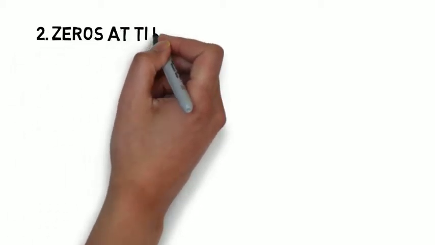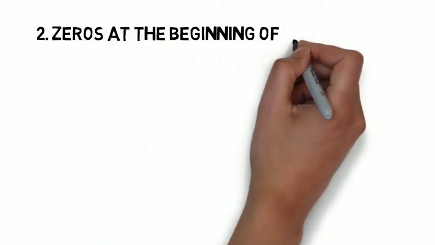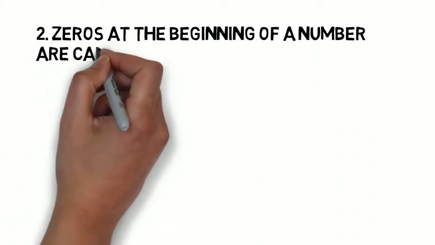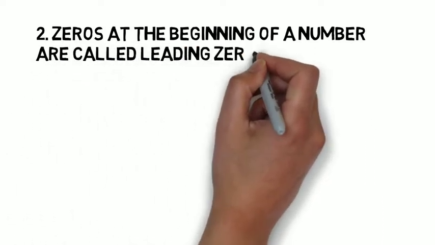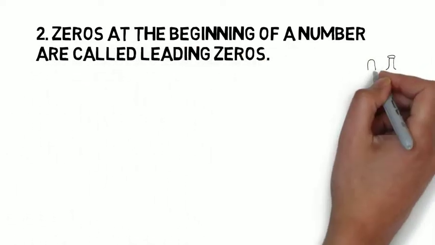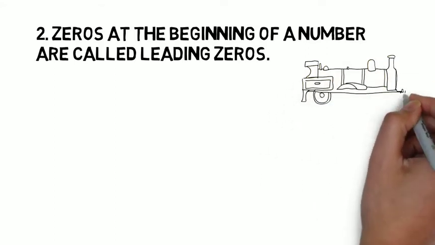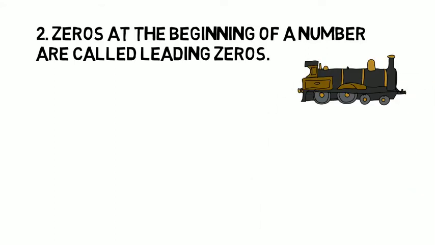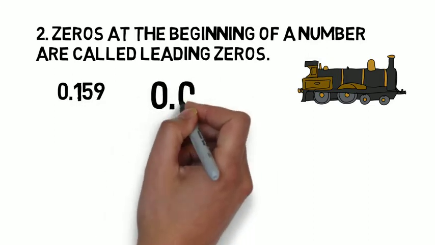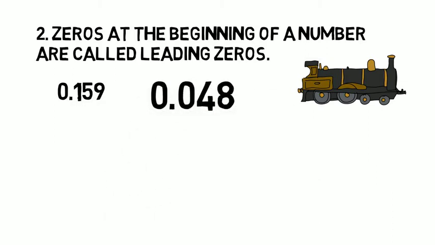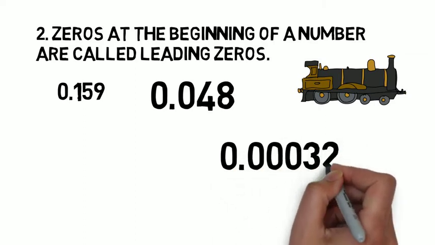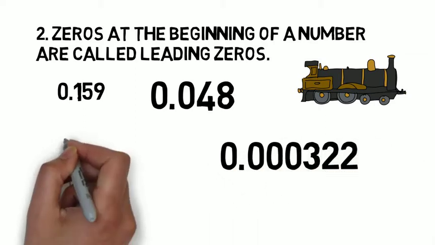Our second kind of zero are zeros at the beginning of a number. So we call these leading zeros. You can think of these like the first car in a series of trains, like the one that the engineer drives. Any zero that starts off a number is not significant. Never, ever, ever. It is always a placeholder, so it doesn't count.